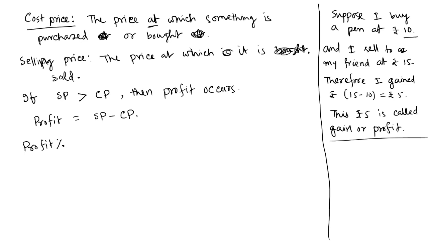So that 20 is called the profit percent. But in reality the cost price may not be 100, so we have to make it 100. In the unitary method we can do that, and we can derive a formula also.